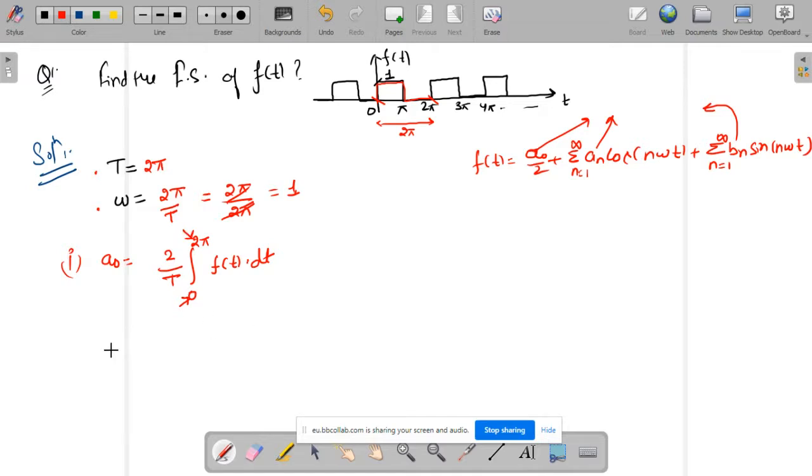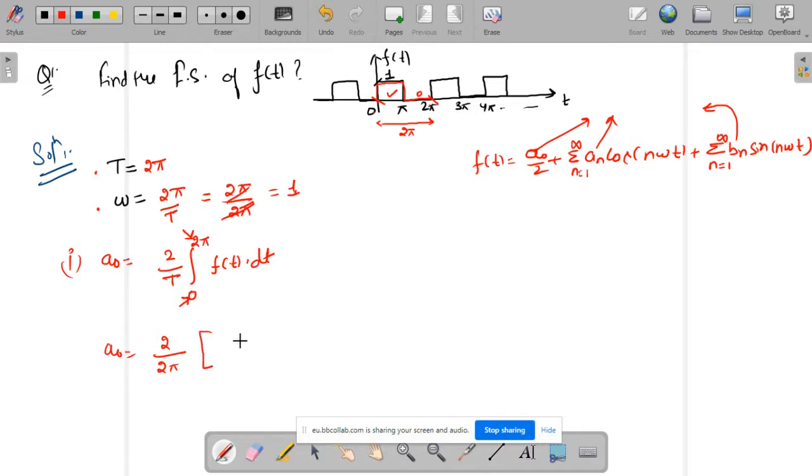Then a naught is equal to, put the value of T. T is 2 pi. Now you can see here very carefully, between 0 to 2 pi the signal has two values: 0 to pi the signal is 1 and pi to 2 pi the signal is 0.